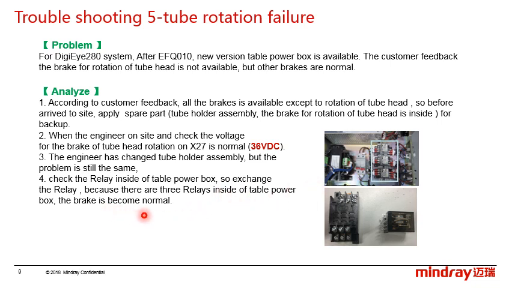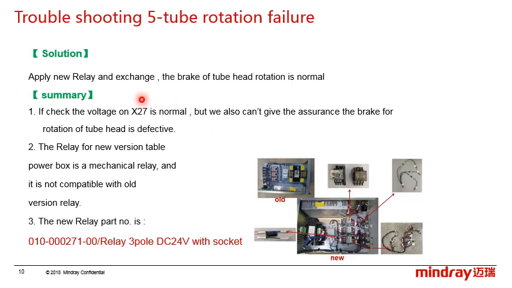So we can exchange the relays, and from the situation above, we know that the relay is defective. So apply the new relay and exchange. The tube rotation function becomes normal.